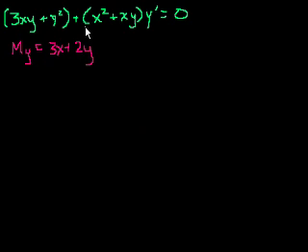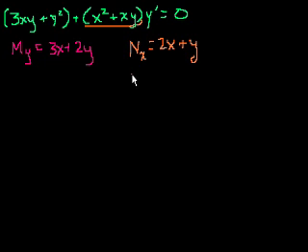And if this expression right here is our function N, which is a function of x and y, we take the partial with respect to x, and we get 2x plus y. And in order for this to have been an exact differential equation, the partial of M with respect to y would have to equal the partial of N with respect to x. But we see, just by looking at these two, that they don't equal each other. They're not equal.